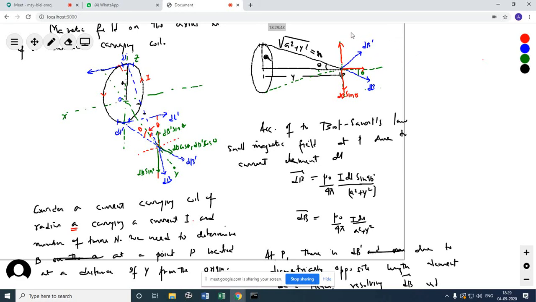And here I get dB cos theta and also dB prime cos theta, right? Is it or not? Yes, sir.